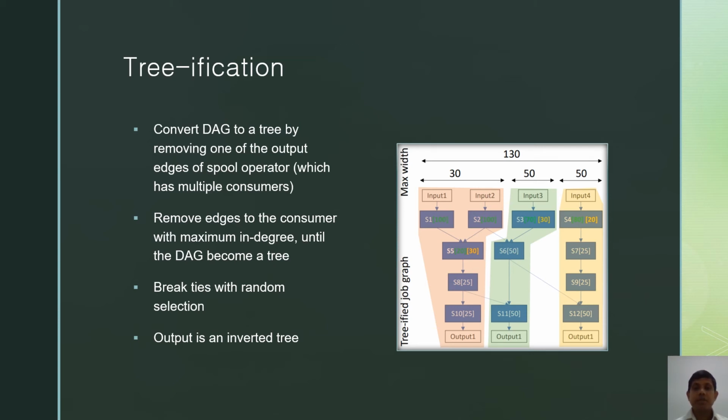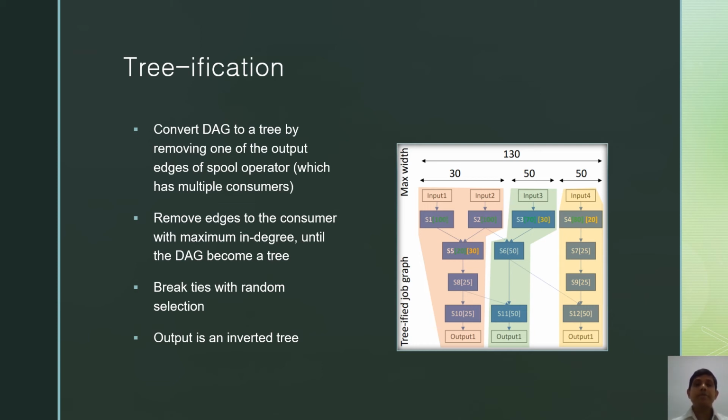This process results in a set of disjoint inverted trees. In this picture, we can see the DAG is broken into 3 trees represented by 3 different colors.